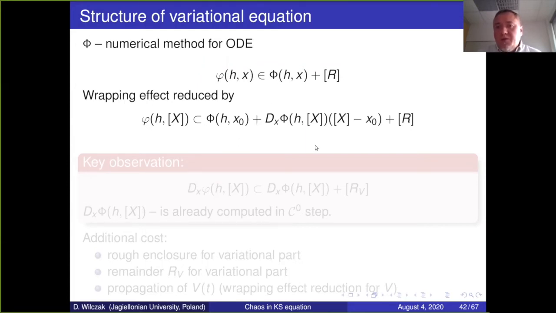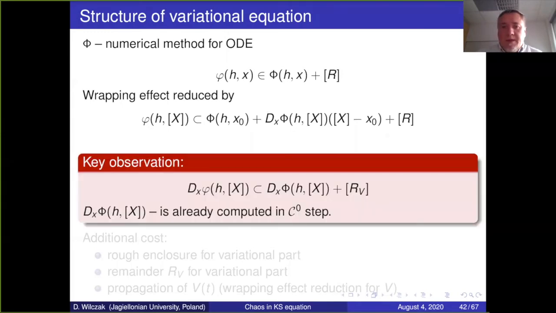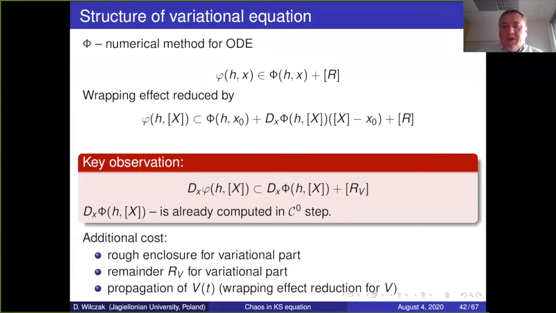And here we compute the derivative of the numerical method, okay? In order to construct the C1 algorithm, it's sufficient to compute the remainder for the derivative of the numerical scheme. And this is our additional cost. We have to compute a rough enclosure for the variational part, and we have to compute the remainder for this derivative of the numerical scheme. This is for finite dimensional ODEs.